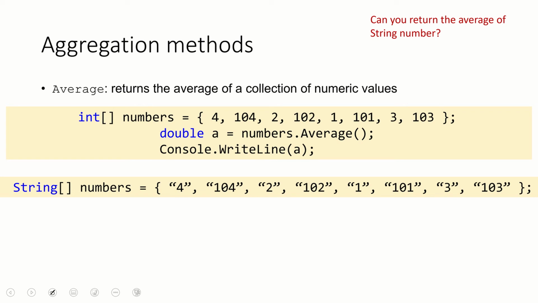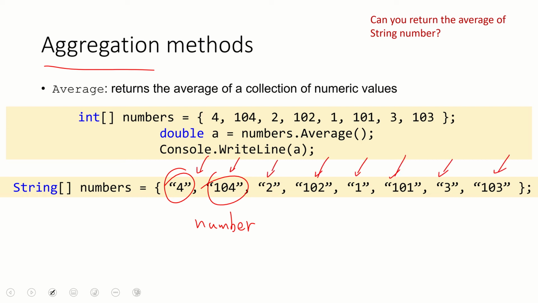Because we want to convert this part to int, this aggregation method will go over every element one by one. Can we do something like this?